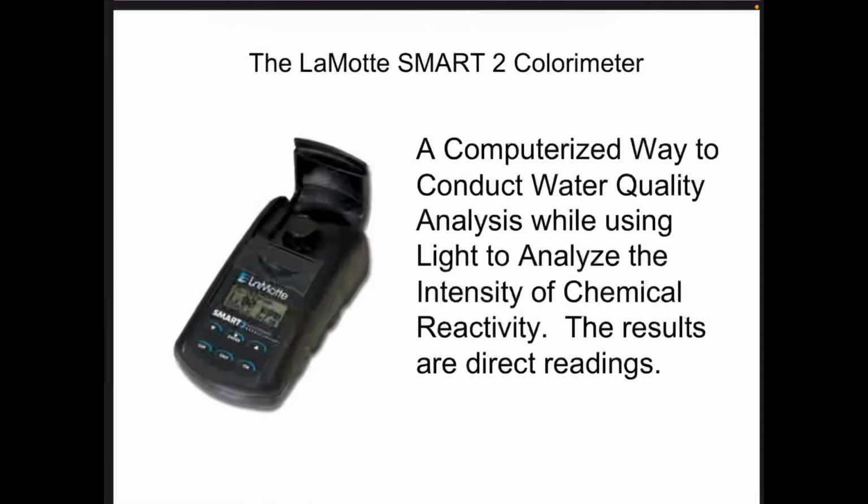So, this is what a colorimeter looks like. It is used to analyze the intensity of chemical reactivity, and the results are direct reading. The sample is placed in a sampling tube and you put it inside the tester.